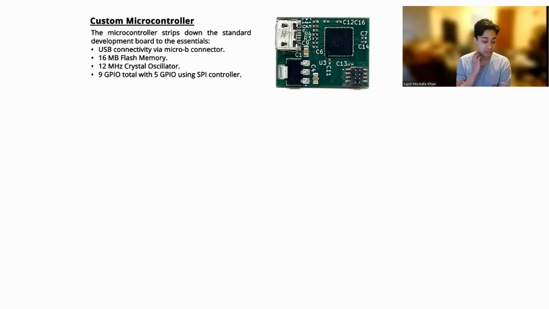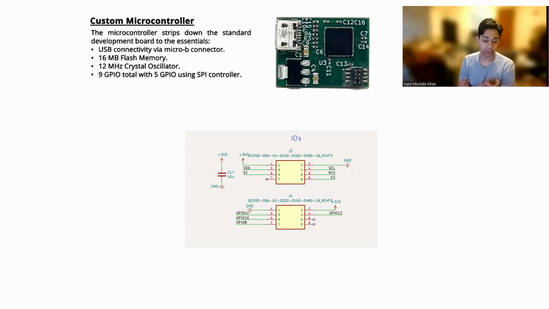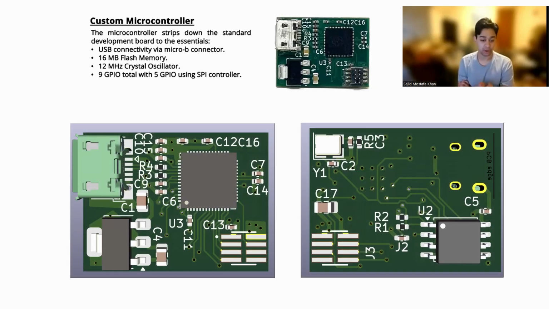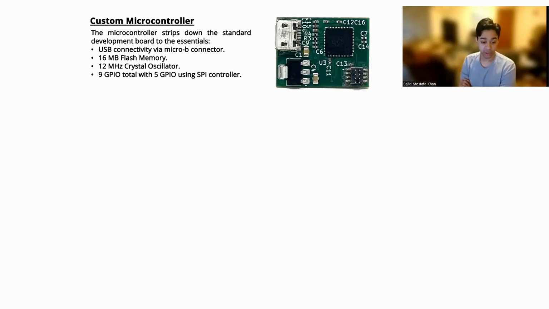With the space constraints, we were able to have 5 extra GPIO pins for extra connectivity, of which we've only implemented 1 for now, but there are more if we need to use them. We manufactured the PCBs, both the OLED driver and the microcontroller, through JLCPCB with assembly. The microcontroller specifically has double-sided assembly since we are so limited in space.